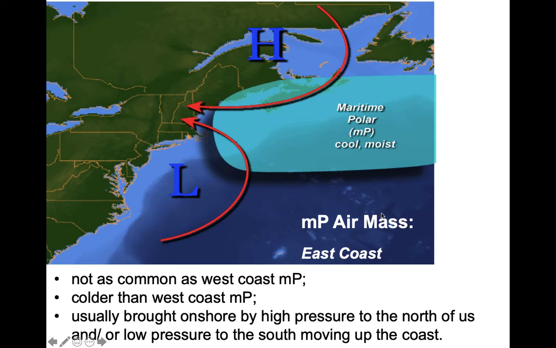The maritime East Coast cold air mass is not as strong and stable as the one that we just talked about coming from the Pacific Ocean, but it's much colder than the West Coast maritime polar air mass, usually brought onshore by winds and a high pressure system to the north of us, and it can also be pushed by a low pressure system from the south.